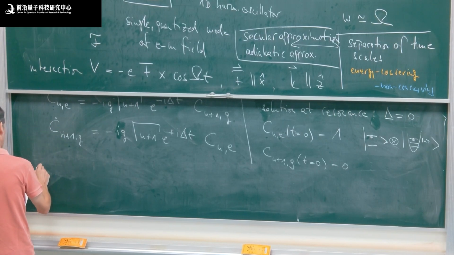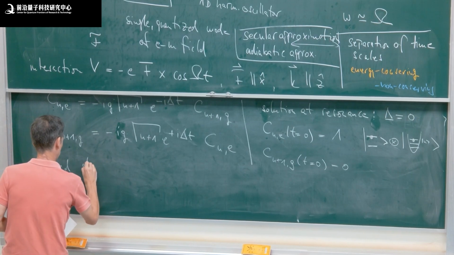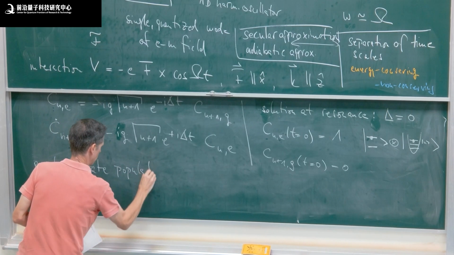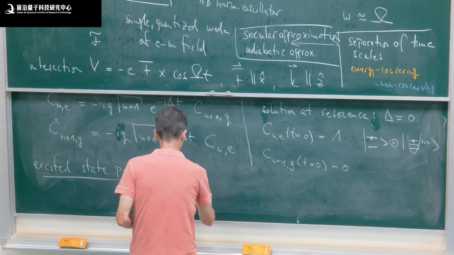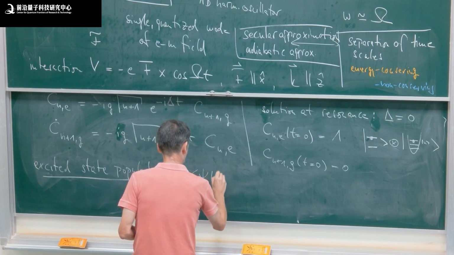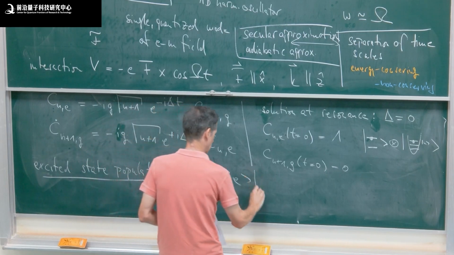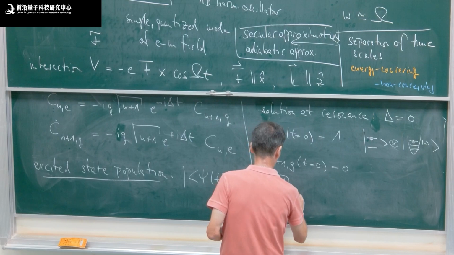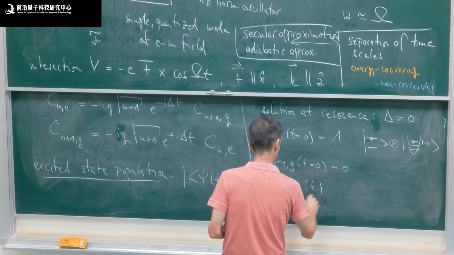And so, for example, you look at the excited state population, which is given by the projection of psi of t onto the excited state, and take the square of that. This is also often written as P sub e as a function of t.